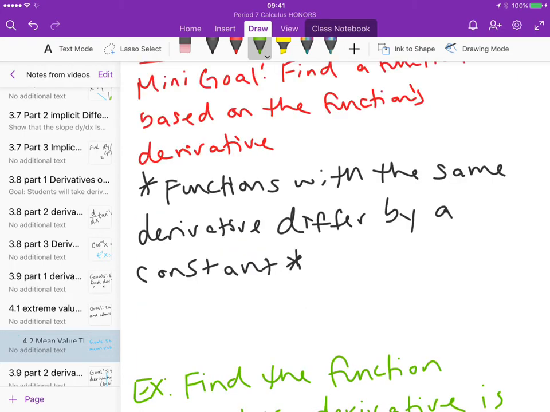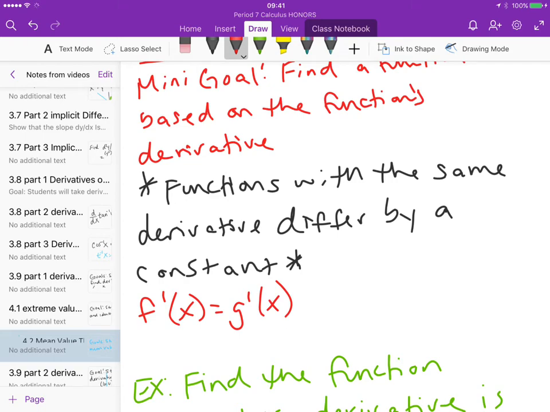So let's say, for instance, here that I have a function, f prime and g prime, okay? So let's say f prime of x and g prime of x are both the same things. So that means the derivative of f and the derivative of g are the exact same thing.